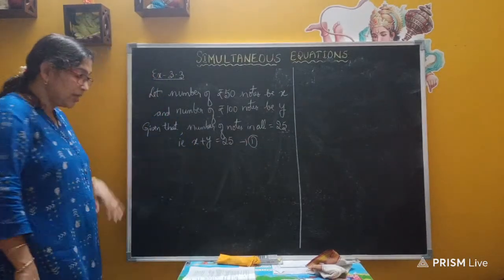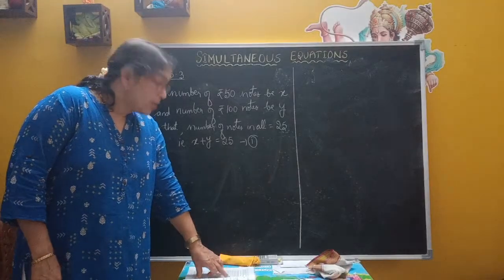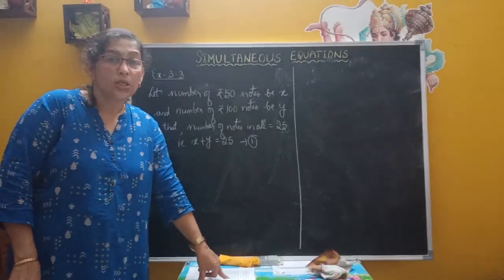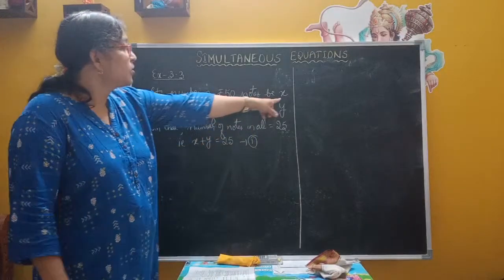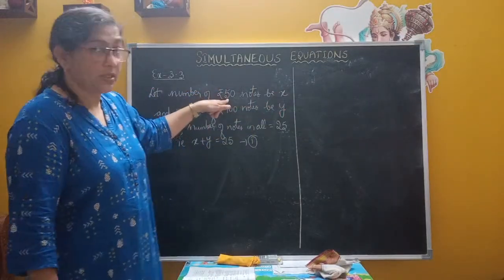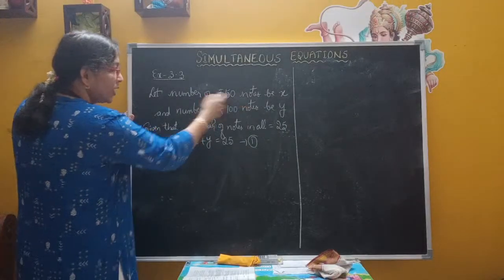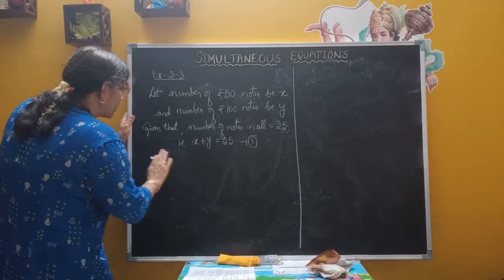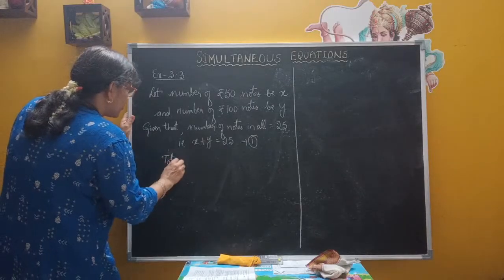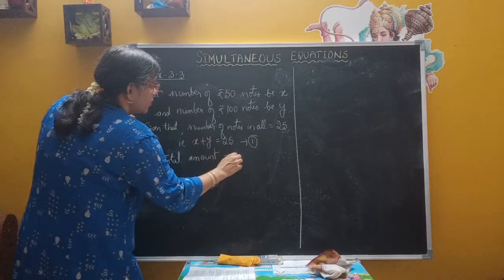Now conditions are given to find the second equation. Okay, how much amount did she get? 2000 rupees. So X number of 50 rupees notes, what do you write now? X into 50, 50x. Total amount withdrawn is rupees 2000.